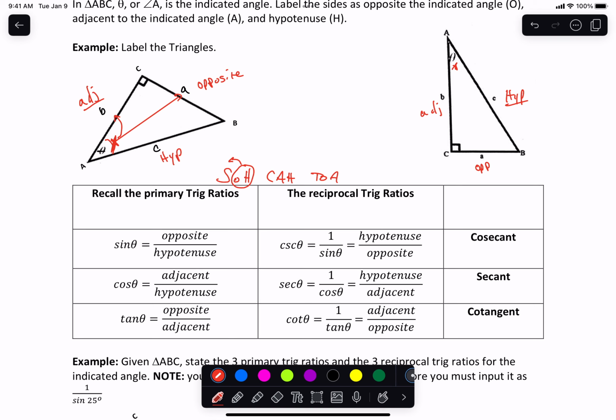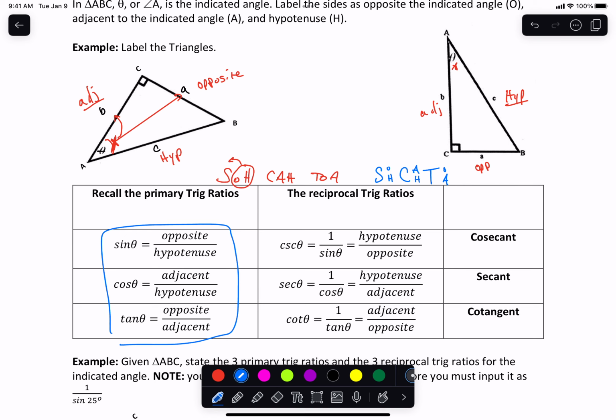So sine is going to be the opposite over hypotenuse. That's what's depicted in this little table here. The ones you have not seen are the reciprocal trig ratios, which I'll bring to your attention in a sec. We're really concentrating on the grade 10 stuff that we see right here, right now.